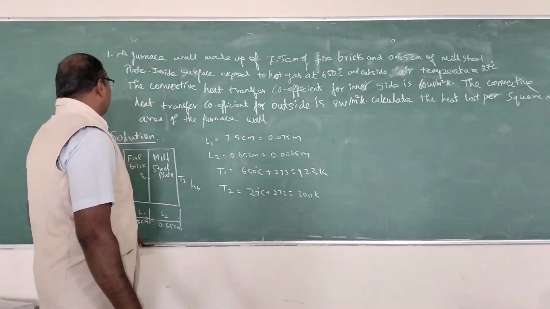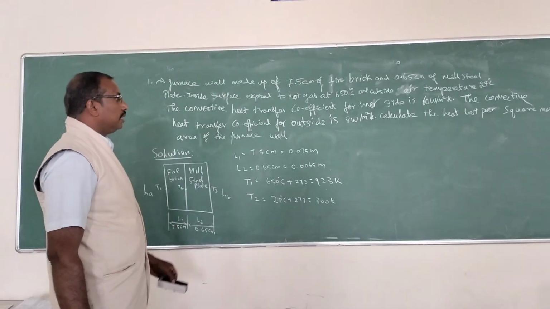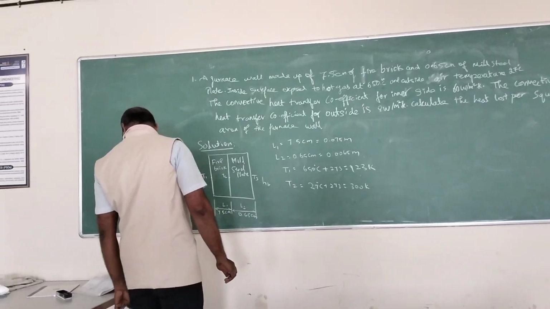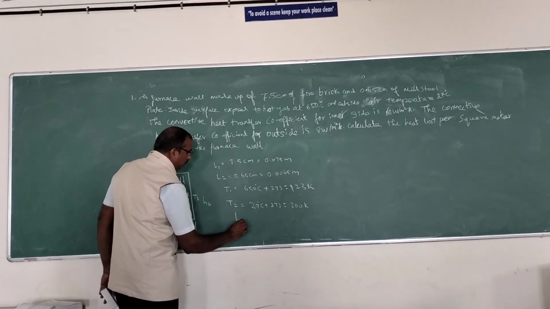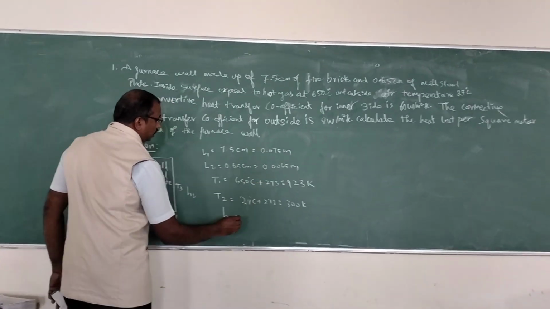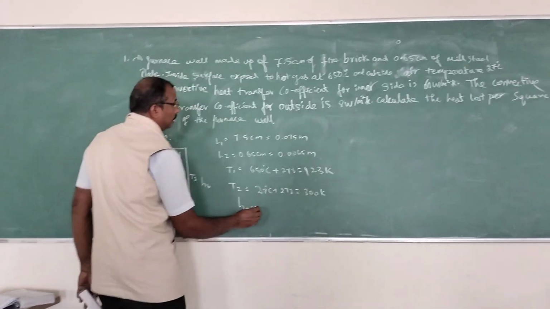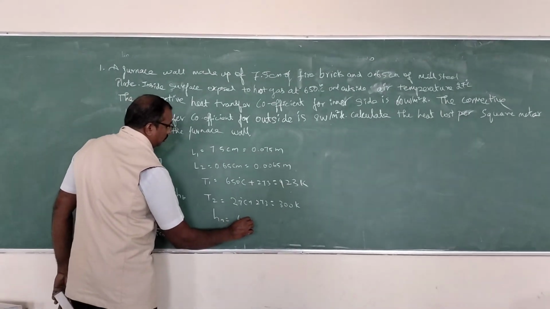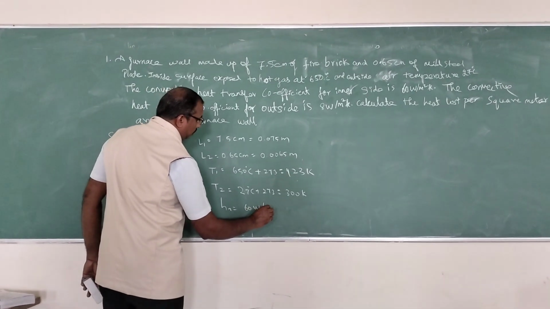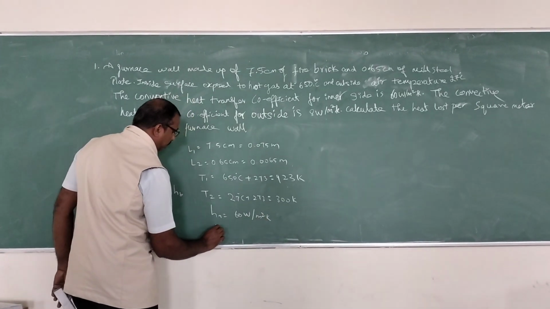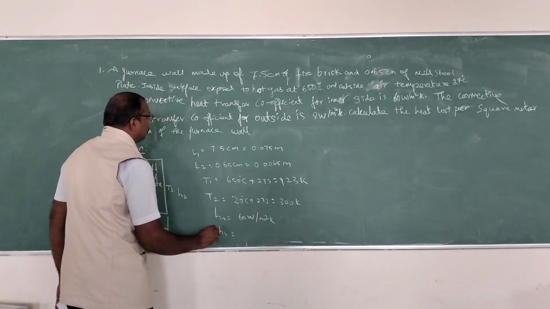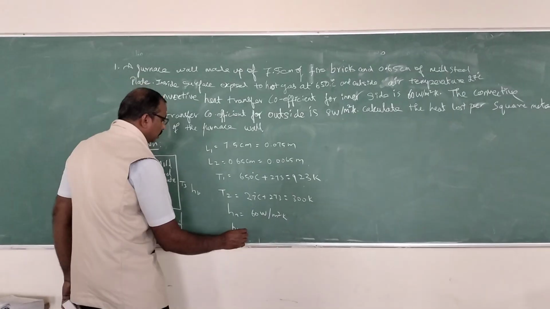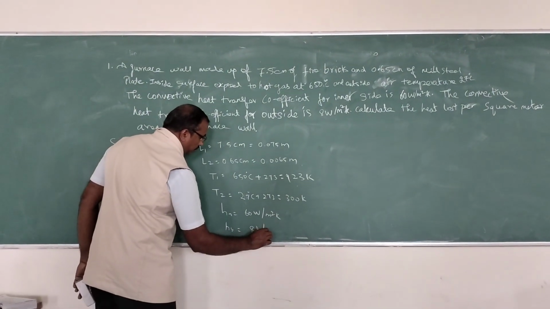Then we are given the heat transfer coefficient of the inner side and outer side. Heat transfer coefficient of the inner side means HA equal to 60 watts per meter square Kelvin. HB, the outer heat transfer coefficient, is 8 watts per meter square Kelvin.